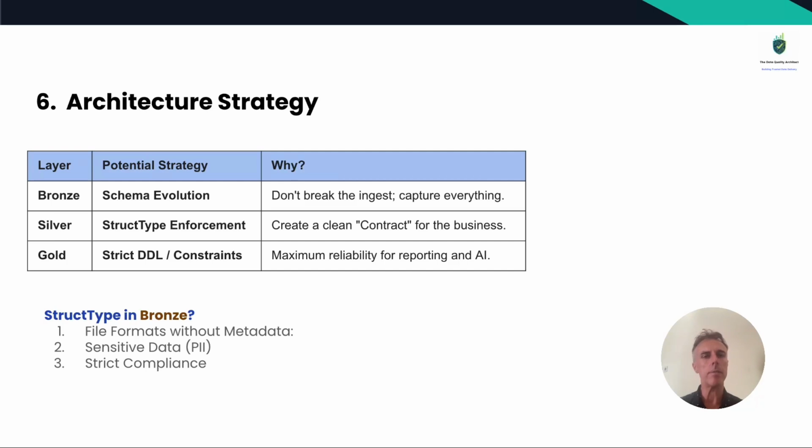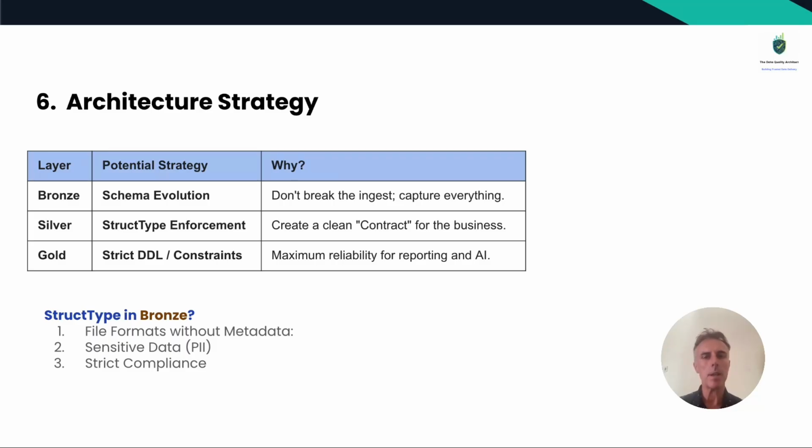There is a risk with the struct type in bronze, so defining everything. If you define a strict struct type in that bronze ingestion and the source system changes, like a new field is added, well, your source and ingestion pipeline might not map.